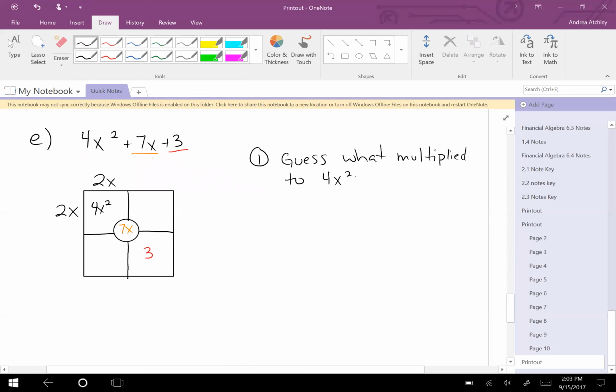Okay, that's your first step. You're going to guess what multiplied to the 4x squared. And we guessed 2x and 2x. Okay? Next thing we're going to do.